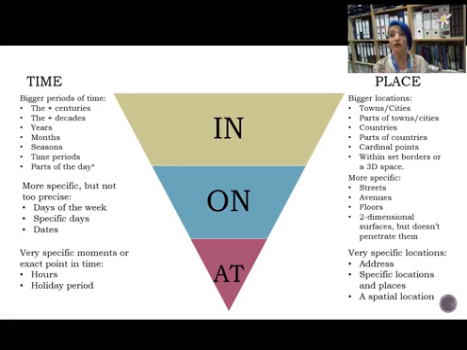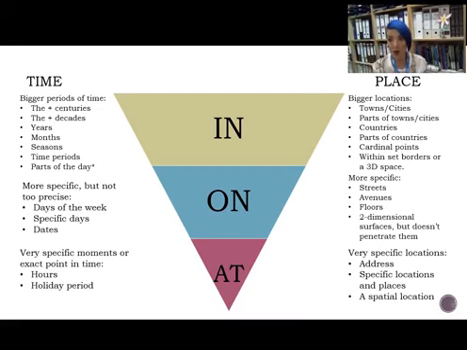Or parts of countries, like my dad was born in Guadalajara, right? The cardinal points, yeah? In the north, in the south, in the east, in the west, right? And then within set borders of a 3D space, for example, you are in a box, in a room, yeah, that's a 3D space, okay?